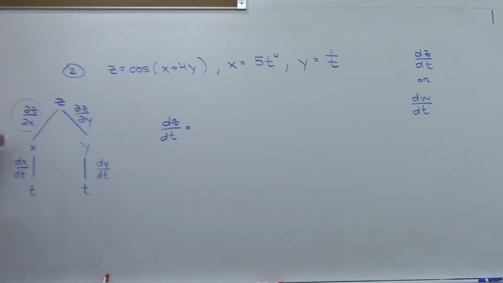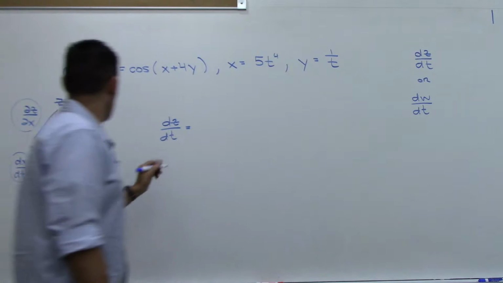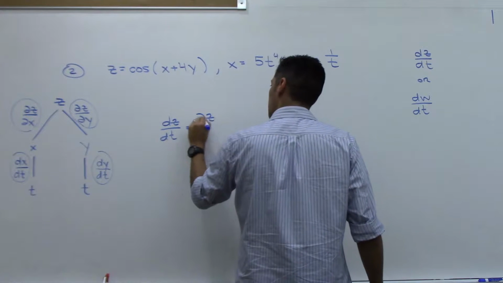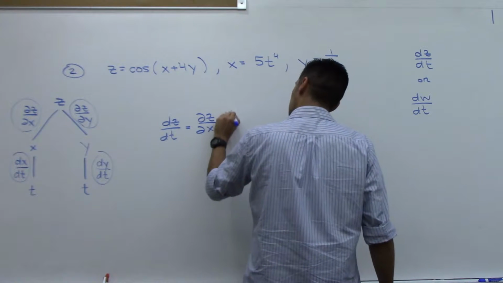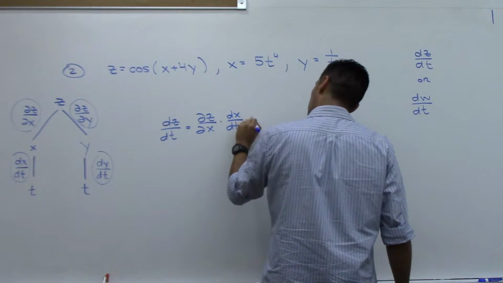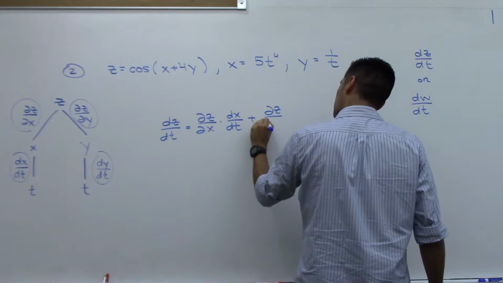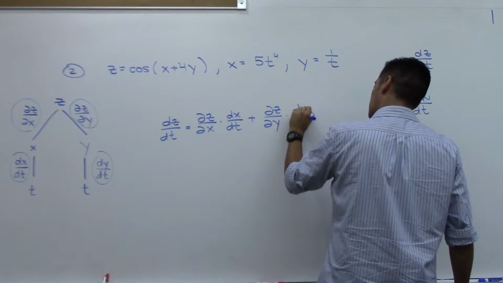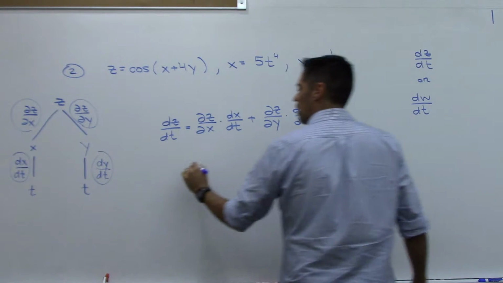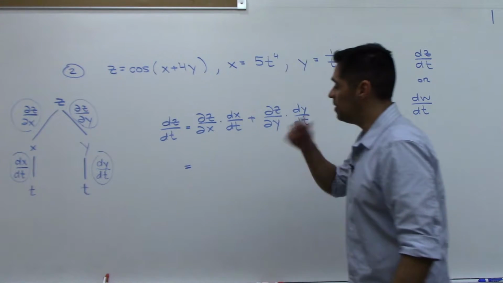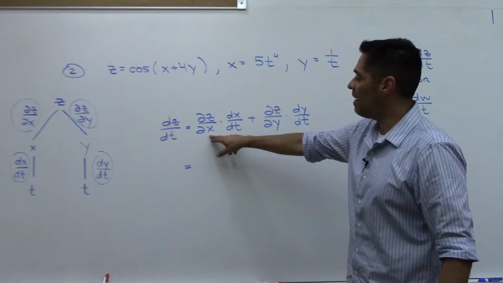So I'm going to do this times this, and then plus this times this. So this should be partial z with respect to x times dx/dt plus partial z with respect to y times dy/dt.